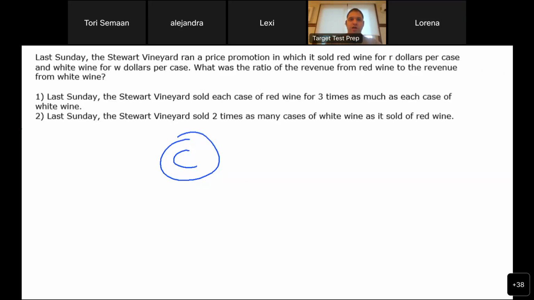Another important part of ratios is when you have a three-part ratio. That's another big thing, and this is a big thing that you can see in data efficiency and in problem solving alike. So I want to do one of these question types as well.